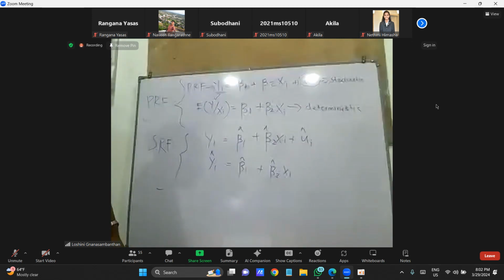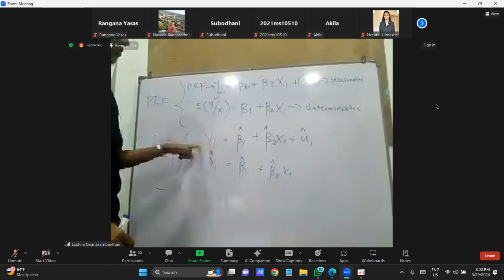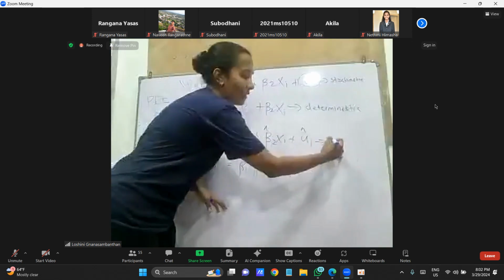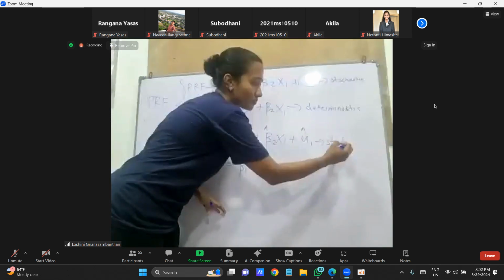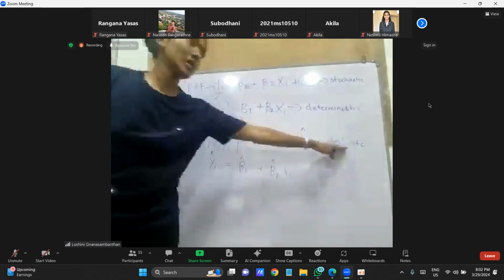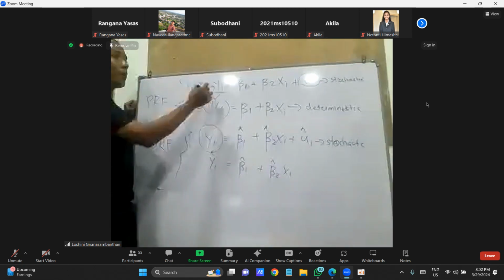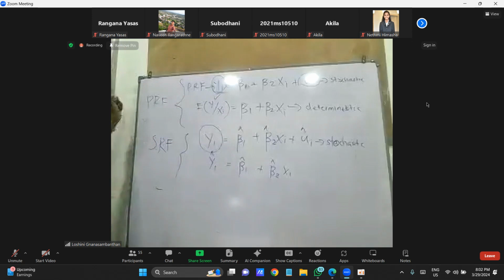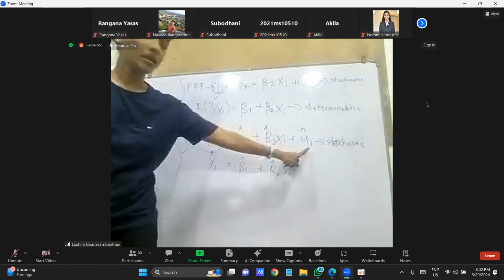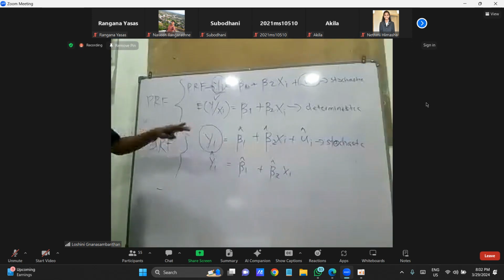Okay, remember that when you are giving the stochastic version of the sample regression function, it is still Yi, not Yi hat, because with the ui you are predicting the actual value.